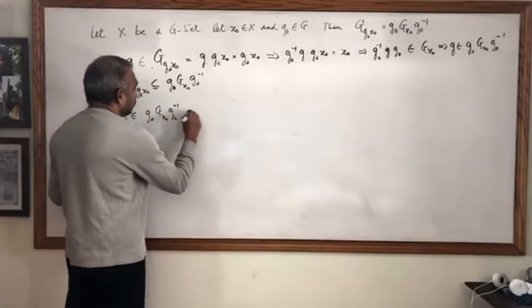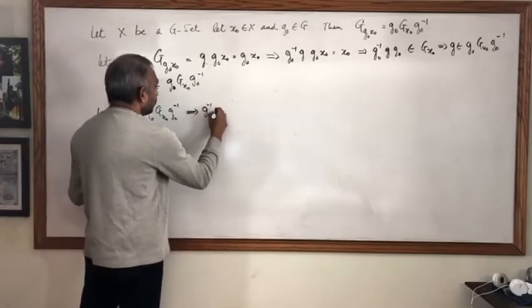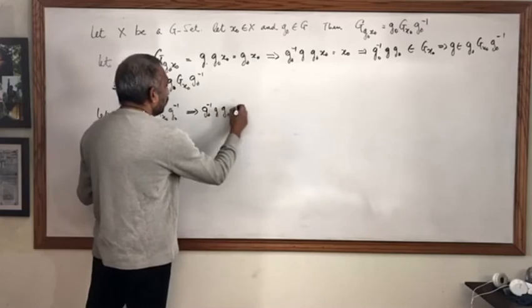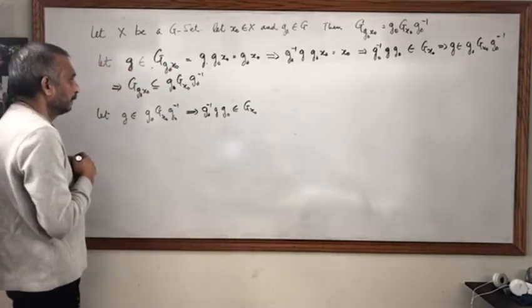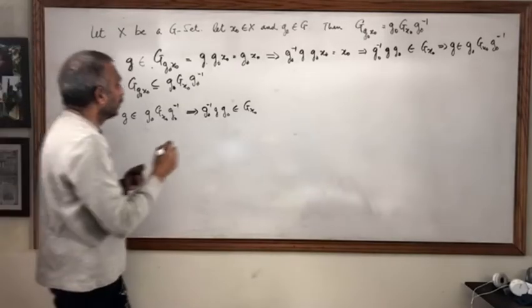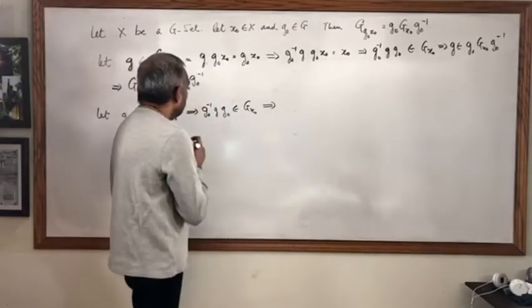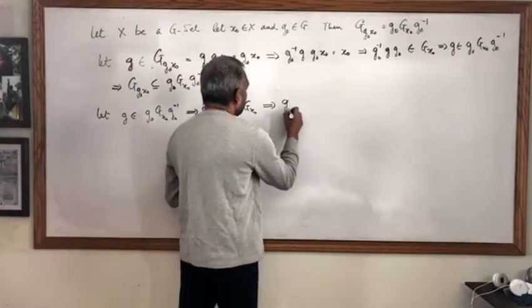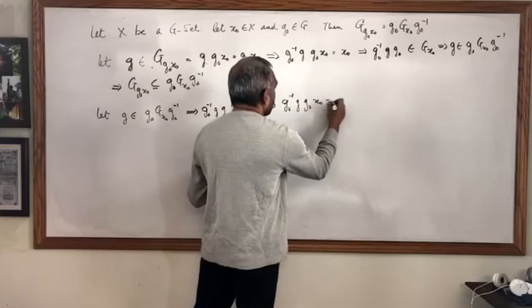This implies that g0 inverse g g0 belongs to G_x0. And that implies g0 inverse g g0 of x0 equal to x0.